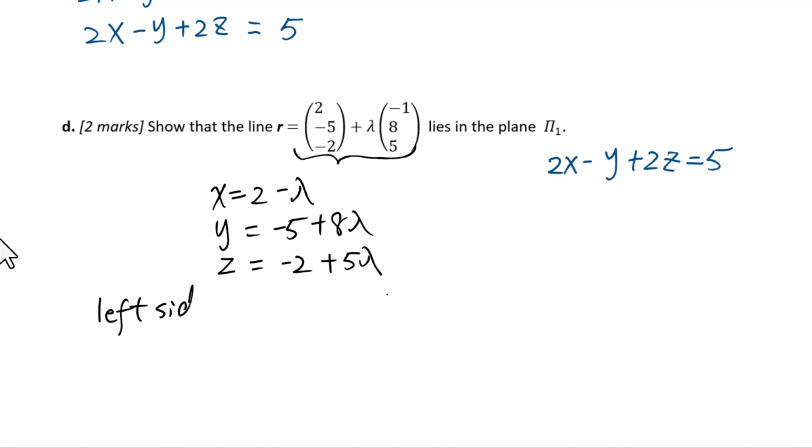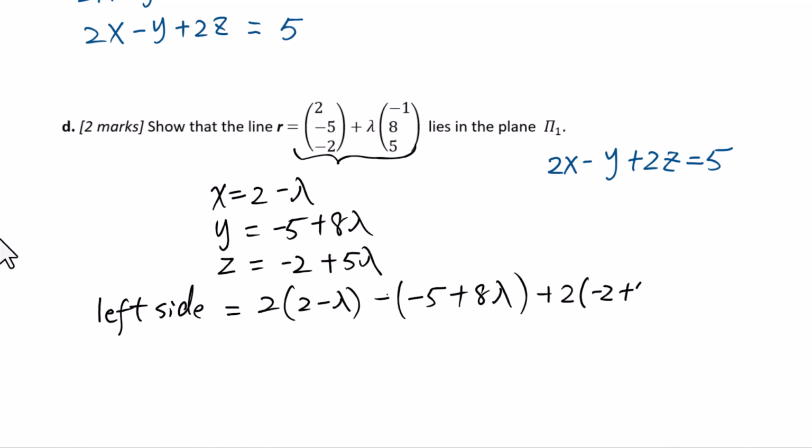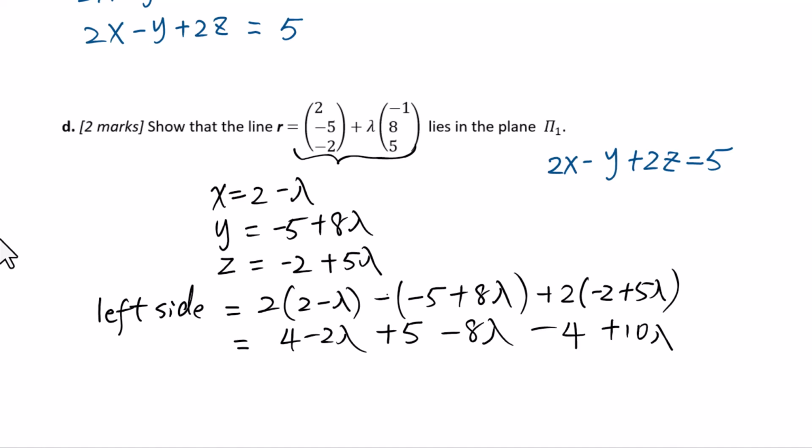Let's use the left side. Equals 2 times (2 minus lambda) minus (-5 plus 8 lambda) plus 2 times (-2 plus 5 lambda) equals 4 minus 2 lambda plus 5 minus 8 lambda minus 4 plus 10 lambda equals 5.